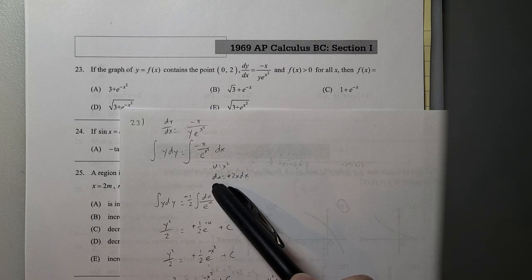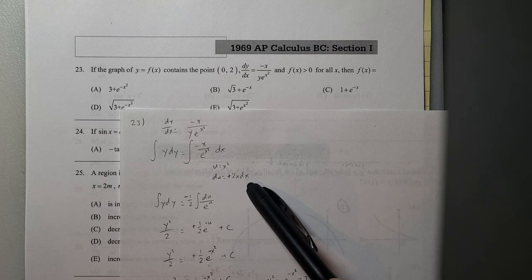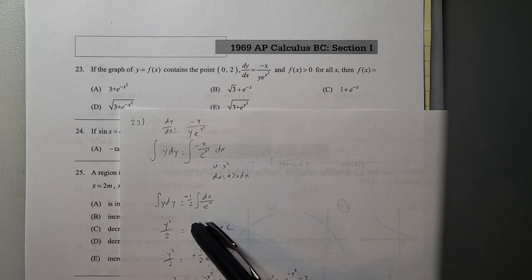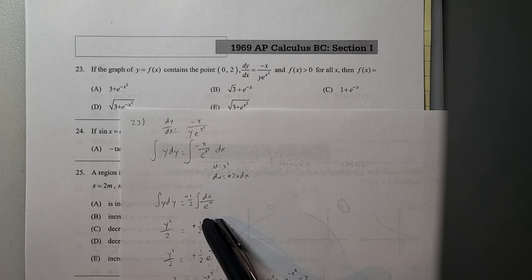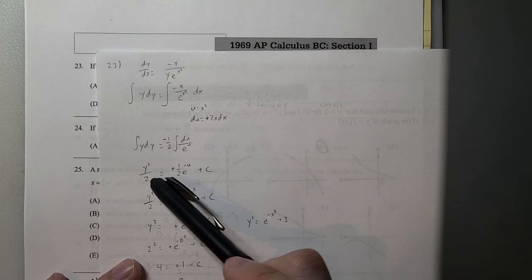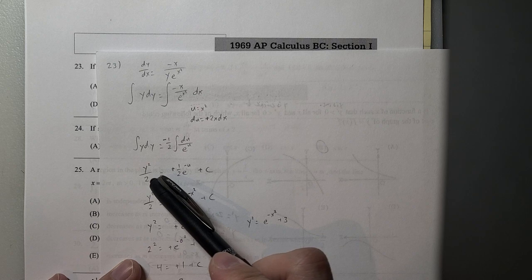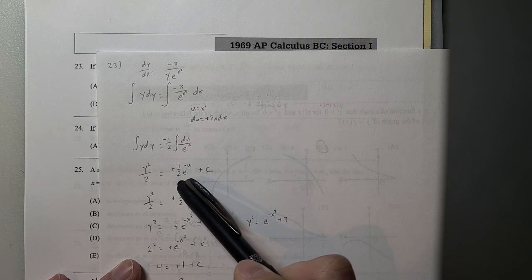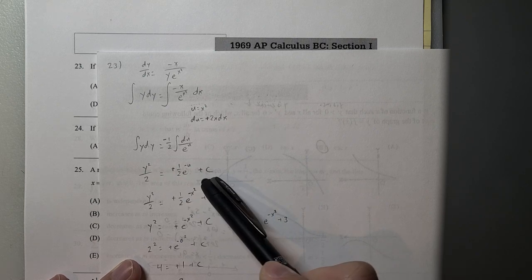U is x squared, du would be 2x dx. After the substitution, it becomes negative half integral of du over e to the u. We integrate both sides. Over here would be y squared over 2. Over this side would be plus half e to the negative u plus c.